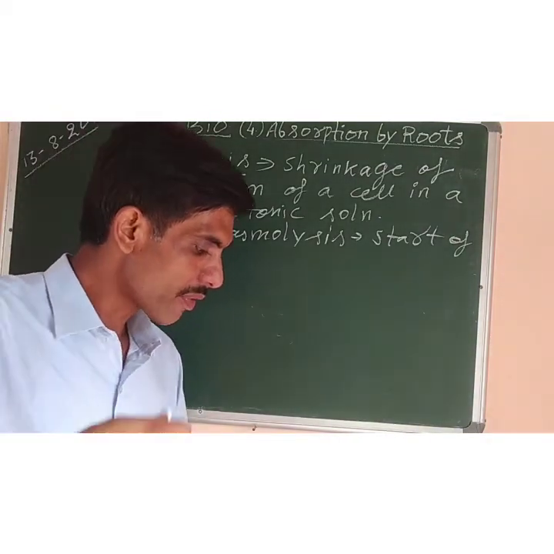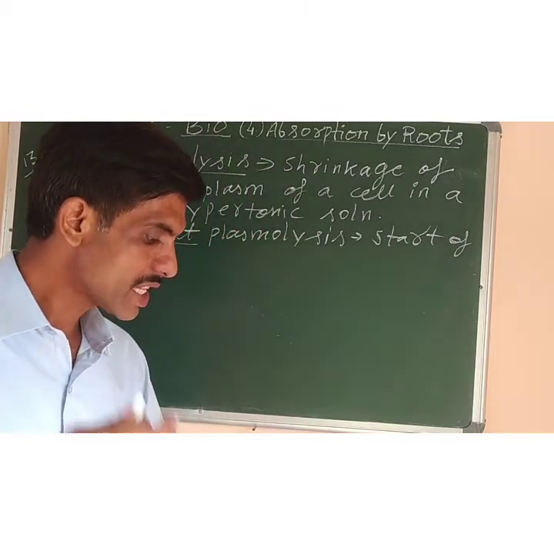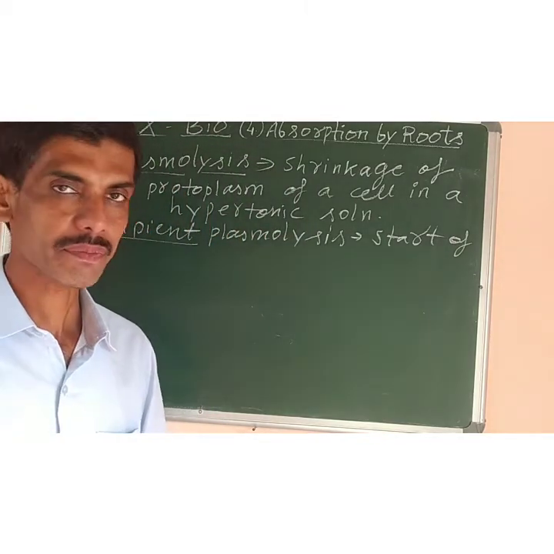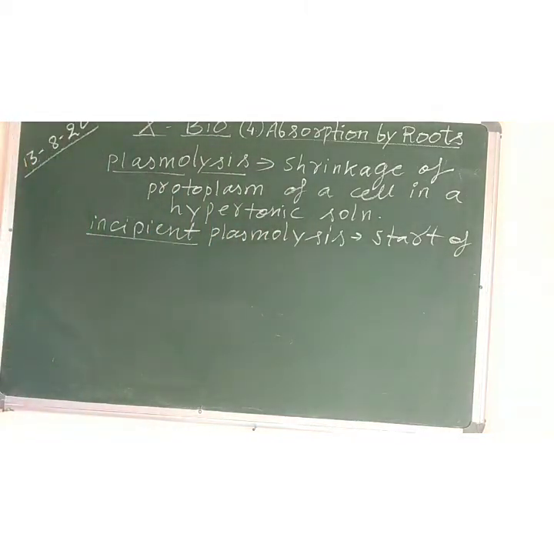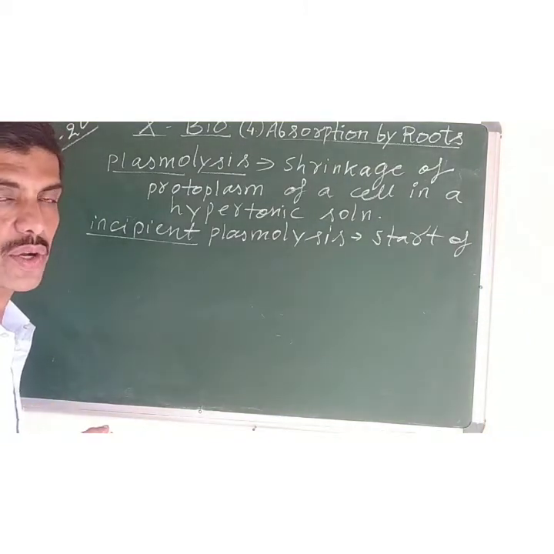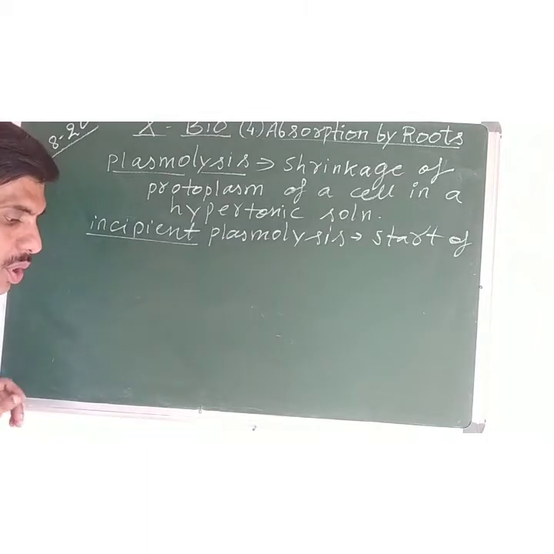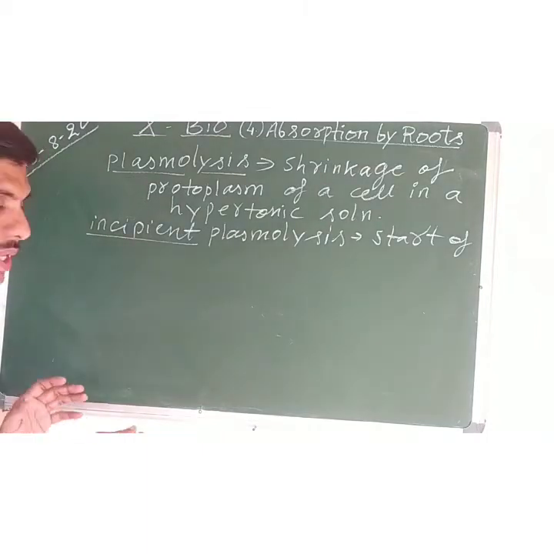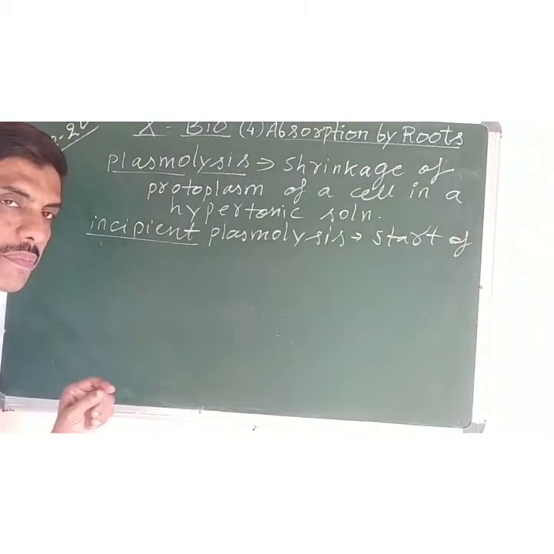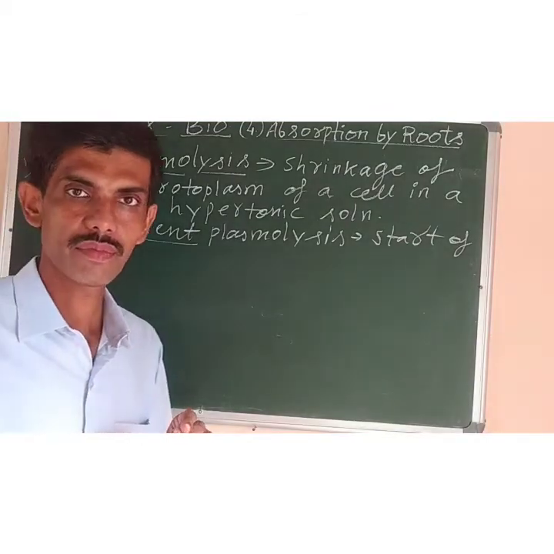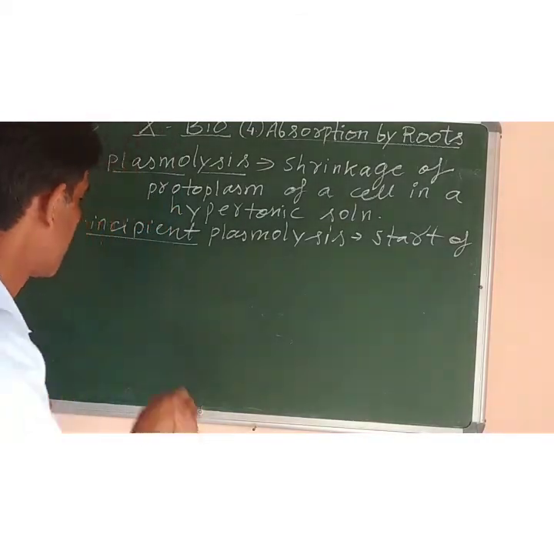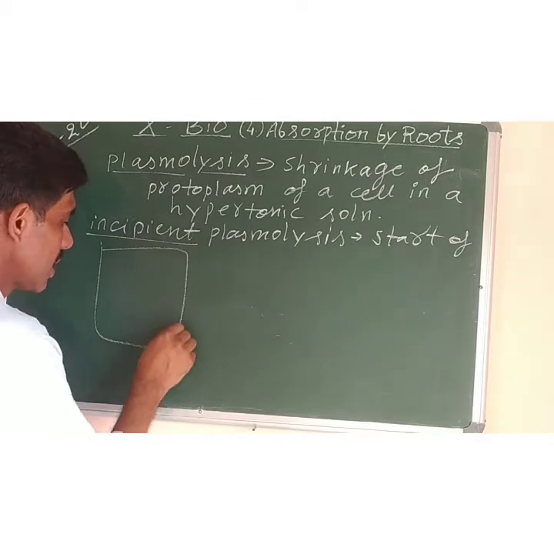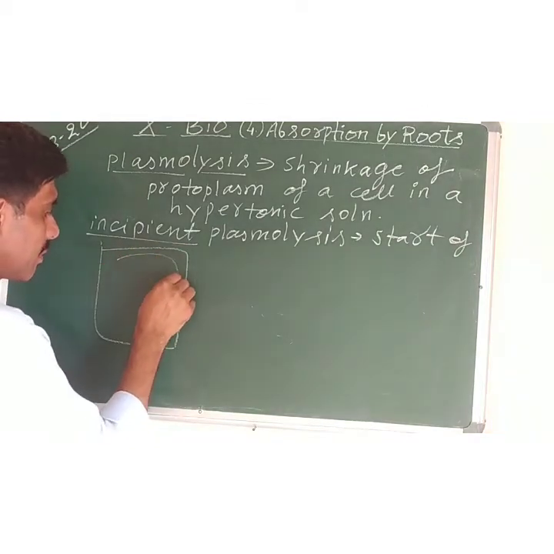Now when plasmolysis occurs, what are the conditions required for it? We need a hypertonic solution. I will just show you one example of how it happens. If I keep a cell in a hypertonic solution, like this one is the cell wall, this is the cell membrane.